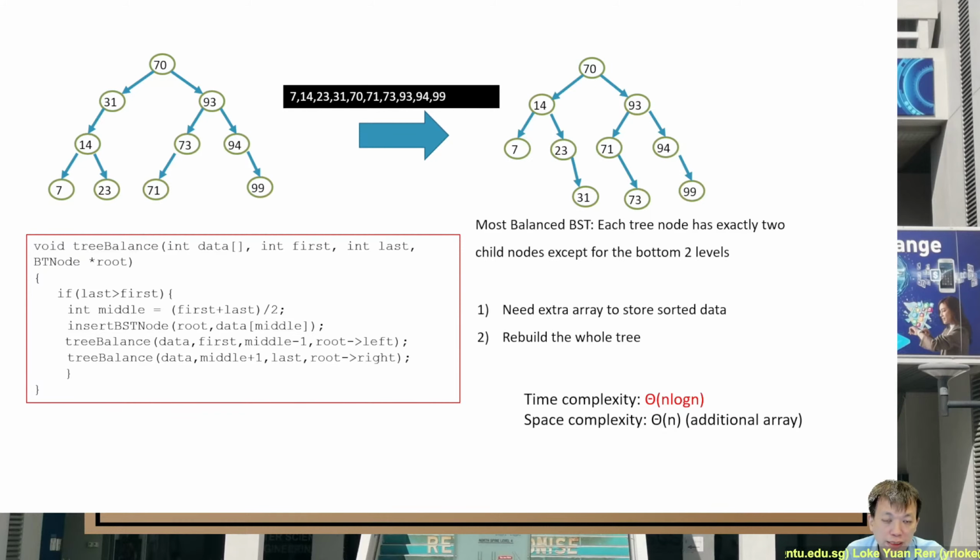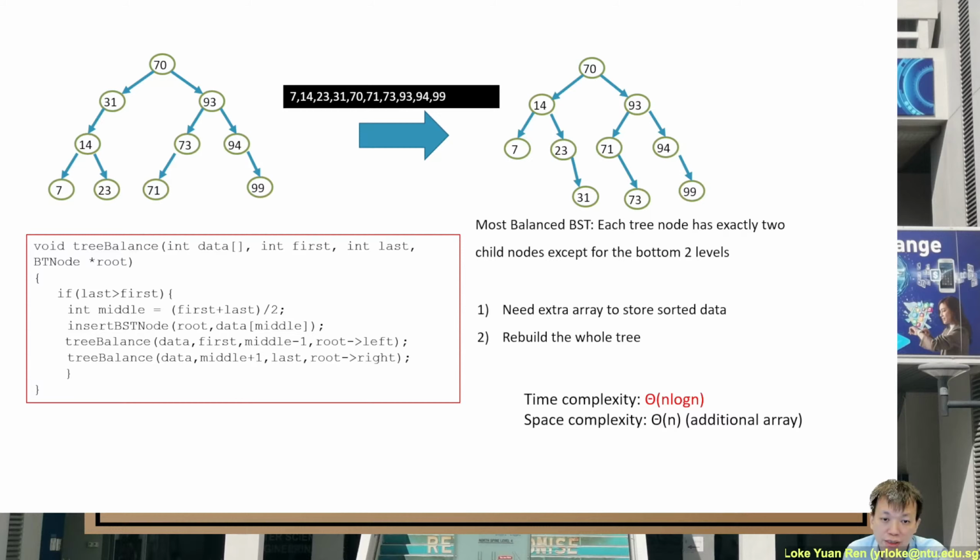So eventually you build out this whole tree. Of course, you insert n nodes, and every node, on average, takes log n to insert, because you need to travel in the tree. So you insert n times, so it should be n log n.